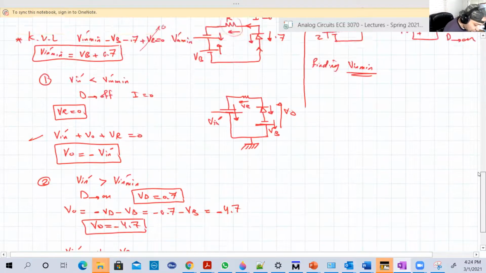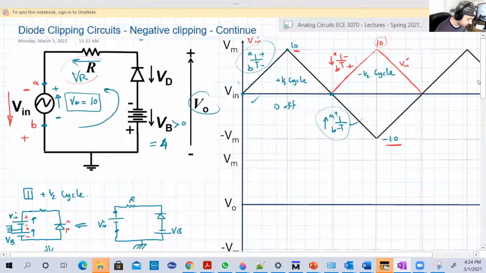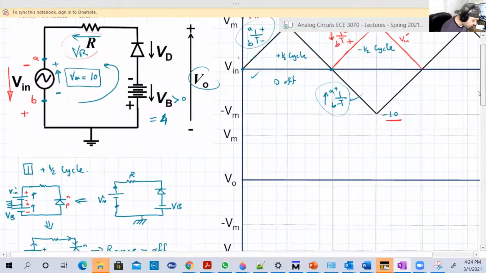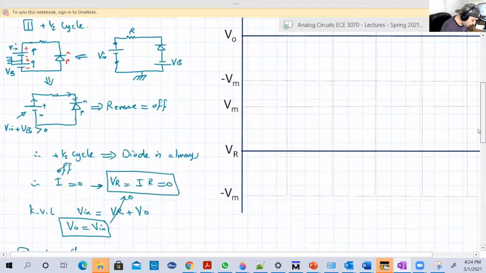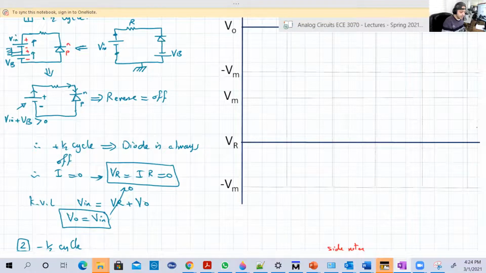So let's start drawing with the positive half cycle because it's easier. In the positive half cycle, we have one situation. The diode is all the time off, VR is 0, and V output is equal to V input. Okay, let's draw VD or V output in blue and VO in red or green.